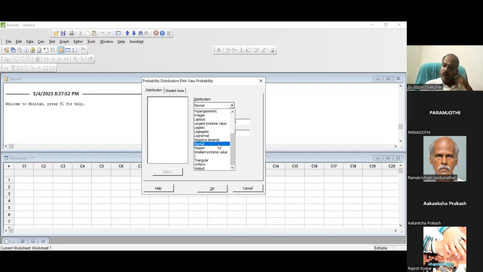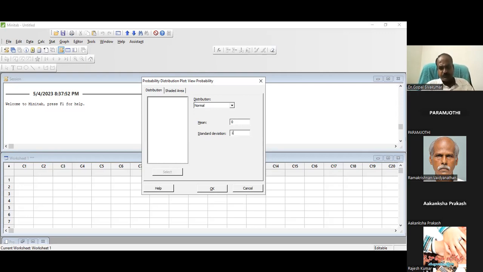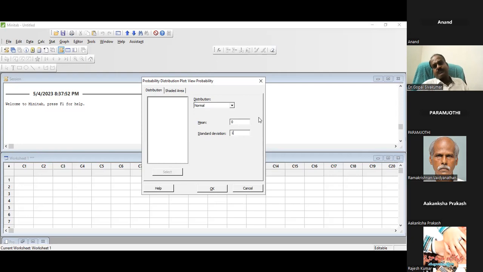And now see here, choose Normal. When I give mean equal to 0 and standard deviation equal to 1, what is this called? Is it called a normal distribution or a standard normal distribution? Normal distribution means there will be an average value and a standard deviation value.